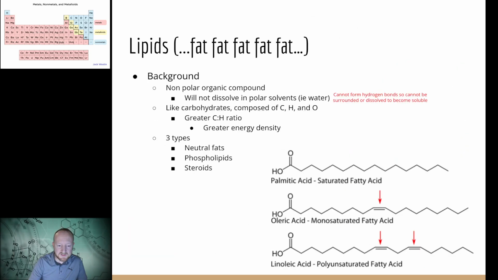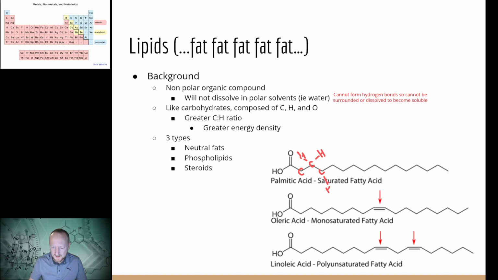When we say lipids have a greater carbon-hydrogen ratio, that means they're going to have a greater energy density. When you're looking at these structures, each one of these corners is going to be a carbon, carbon, carbon, all the way down. Because it has a bond to a carbon here and a bond to a carbon here, it's also going to have two hydrogens on each of these carbons.